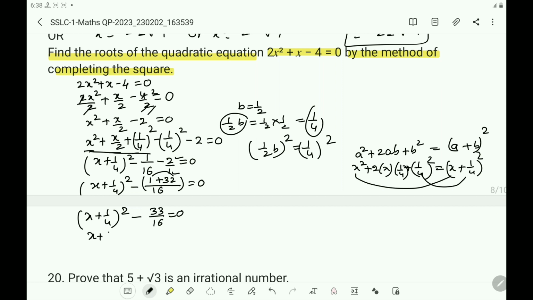Then it becomes x plus 1 by 4 whole square equals 33 by 16. Now you remove the square. If you remove the square, here there is square root. So you write x plus 1 by 4 equals plus or minus root 33 by 16.